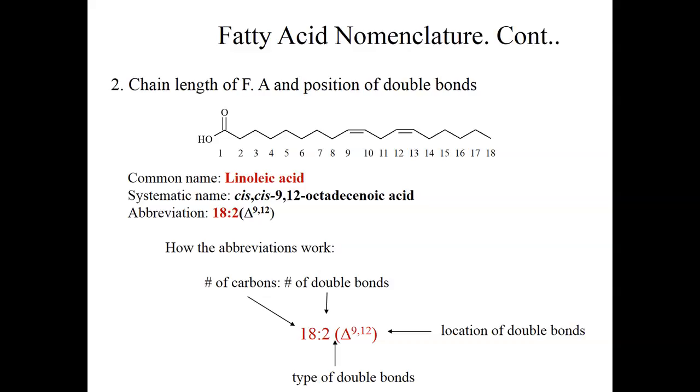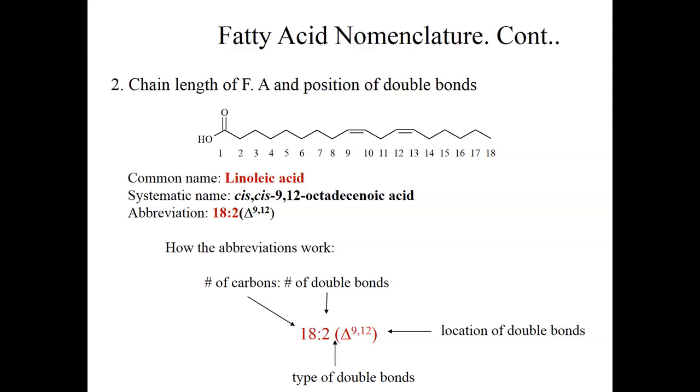Now the next one, as you see here, is your linoleic acid. Common name, and again, it's 18 carbons, just like stearic acid, but with a difference, it has a double bond set, okay? So as you see here, the systematic name is 6,6,9,12 octadecanoic, 18 carbons, the 6 conformation.